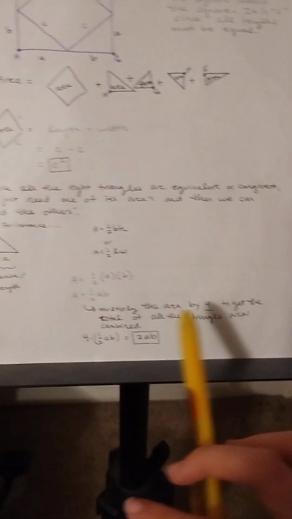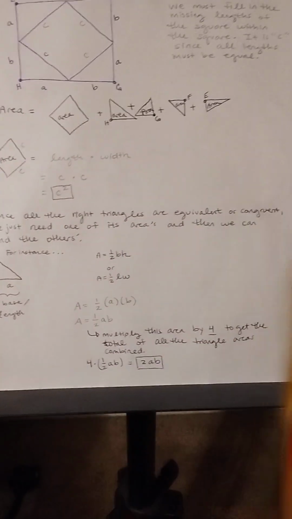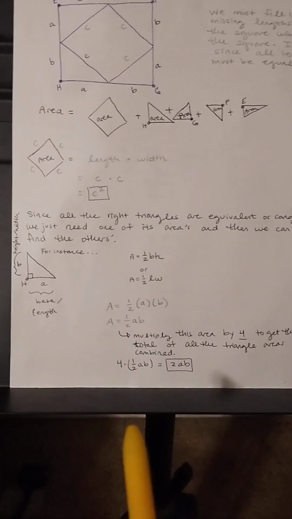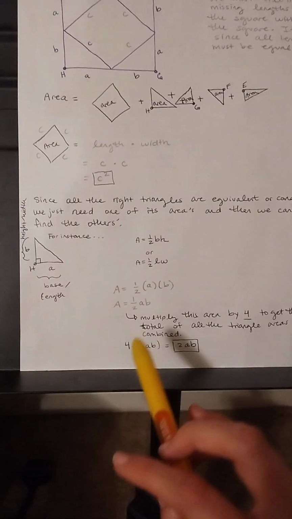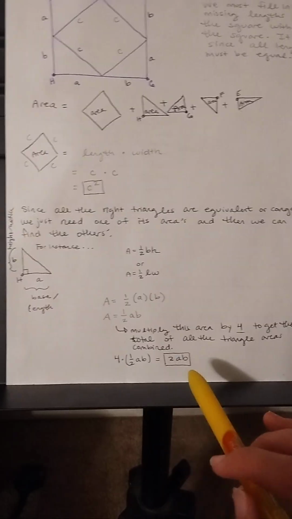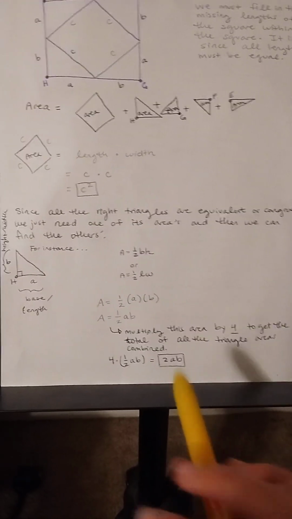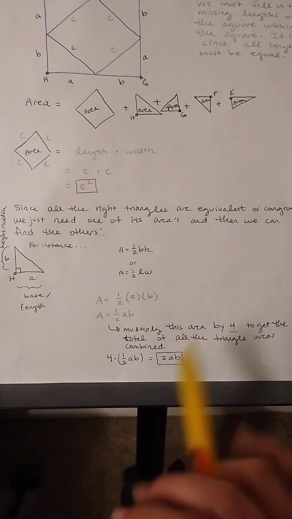And then if you multiply just one triangle, you know the rest. You got the area for one triangle, so you can find the area of 4 total by multiplying it by 4. So that is what I have written here, which is 4 times our area of one triangle equaling 2AB.